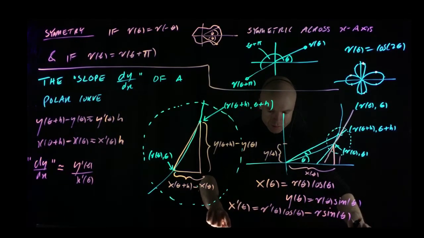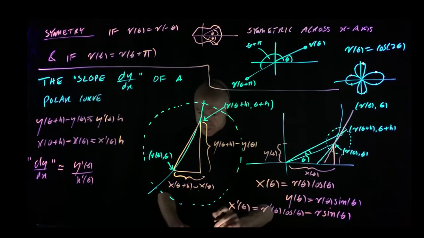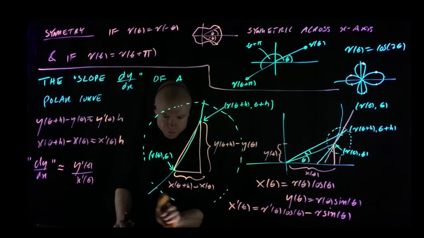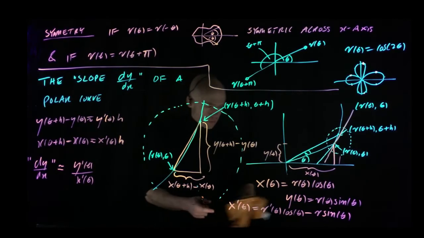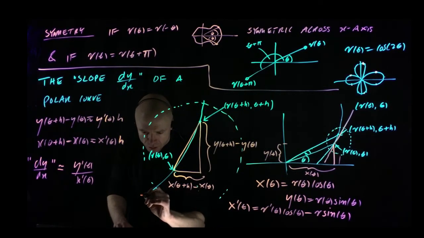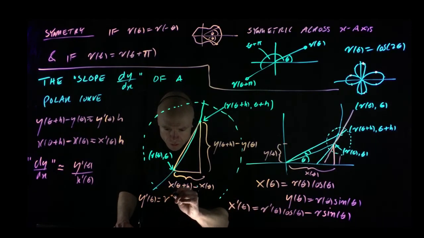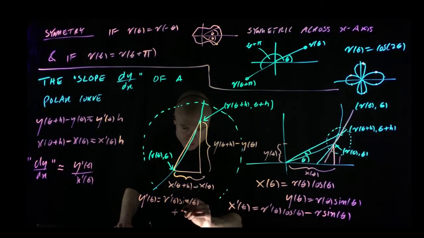Let's hope this comes out. Okay, that's great. Let me just erase some of my diagram. And y prime of theta, just differentiating this thing, we're going to have r prime of theta sine theta plus r of theta cosine theta, right?